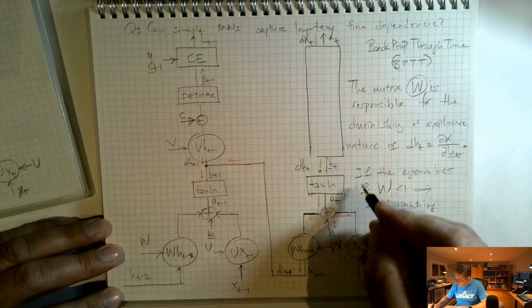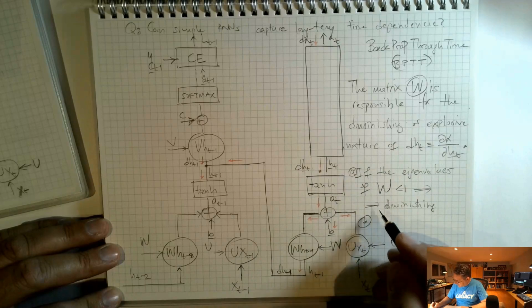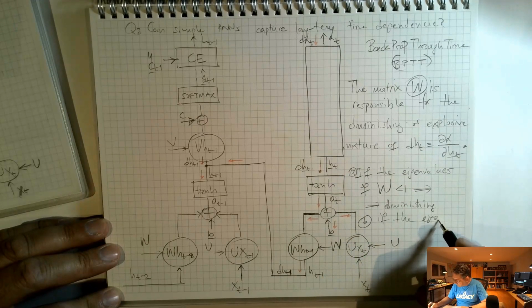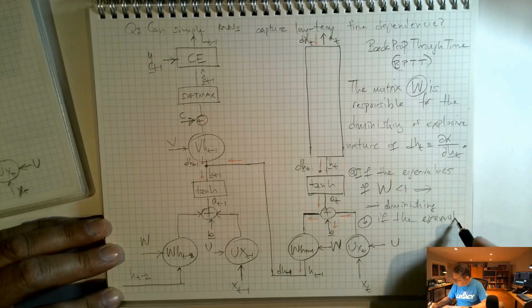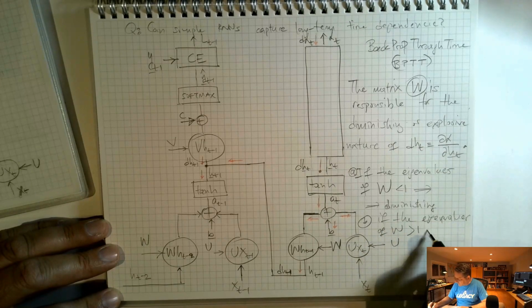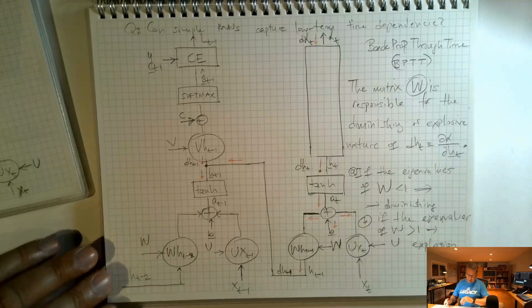So, and on the other hand, this is A, this is B, if the eigenvalues of W are larger than 1, then we have an explosion of the gradient.